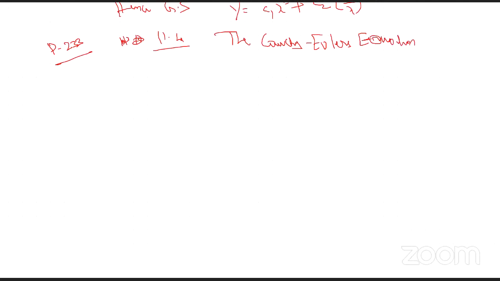You can write CE. CE means Cauchy-Euler's equation, shortcut form, abbreviated form.